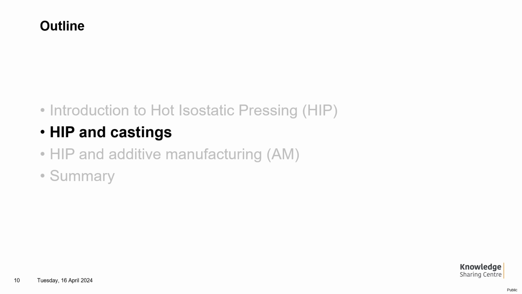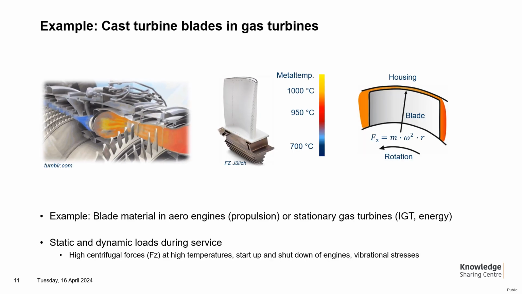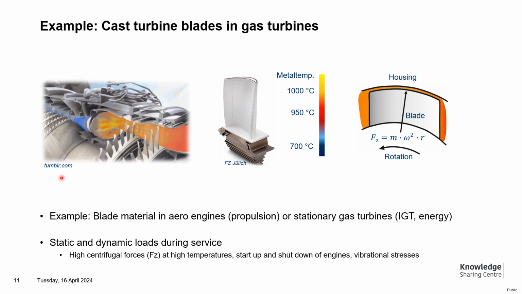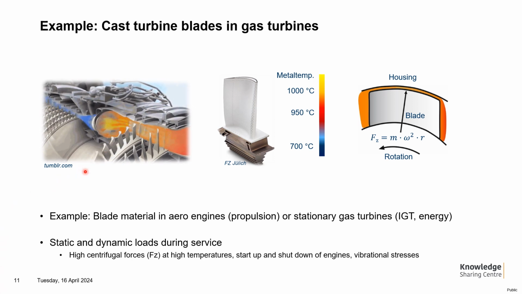In the following slides, we want to assess the impact of HIP processing on microstructure and properties with practical examples. We will start with cast turbine blades used in the most demanding region of aero engines or stationary gas turbines. Nickel-based superalloys are used as blade material in gas turbines.